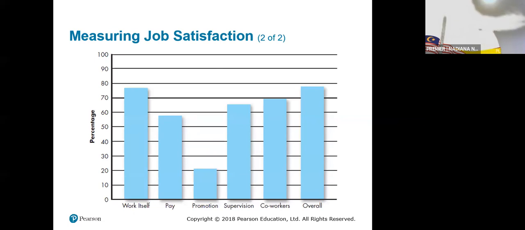Supervisors always lead. And co-workers: if you have very good peers or co-workers, that means you enjoy your job. But if you don't have good co-workers, and they always step back from you and chat very badly behind your back, that produces very poor job satisfaction.